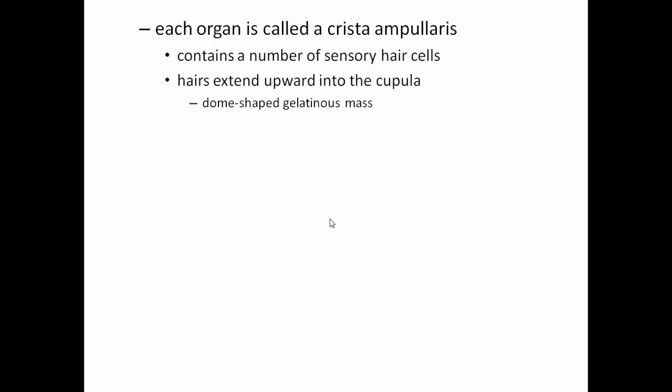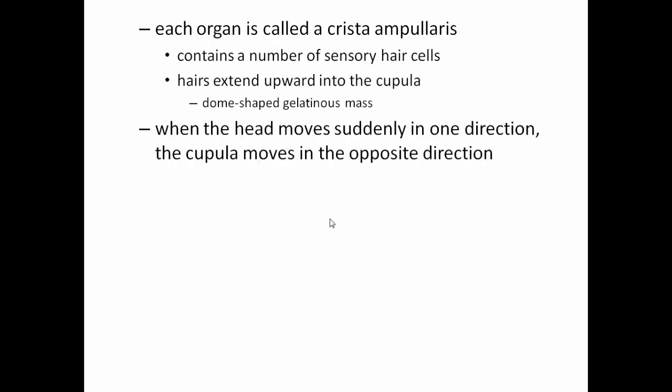And this is dome-shaped. When the head moves suddenly in one direction, the cupola moves in the other direction. That's due to inertia. The liquid inside there wants to stay where it is. So when you move your head real quickly, it tries to stay. So if you move left, it's going to figuratively move right, and it's going to move that cupola.